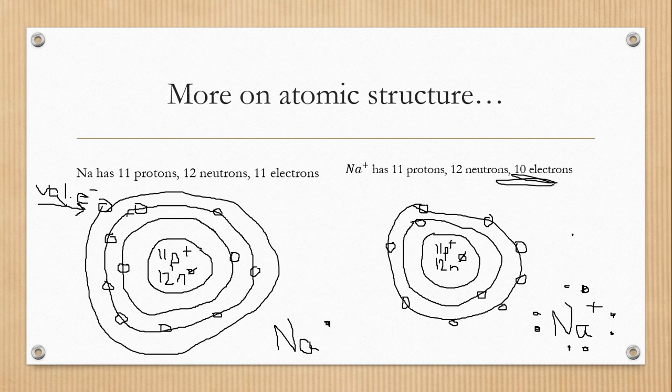You'll notice here we have 8, which makes this ion way happier. Atoms are most stable with 8 electrons in their valence shell, or 8 valence electrons. So this one is way happier than just our sodium atom.